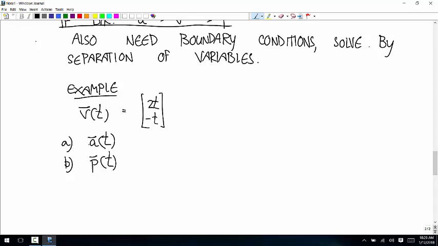Calculating the acceleration is no problem. We have enough. It's just a derivative. But calculating the position requires a boundary condition.